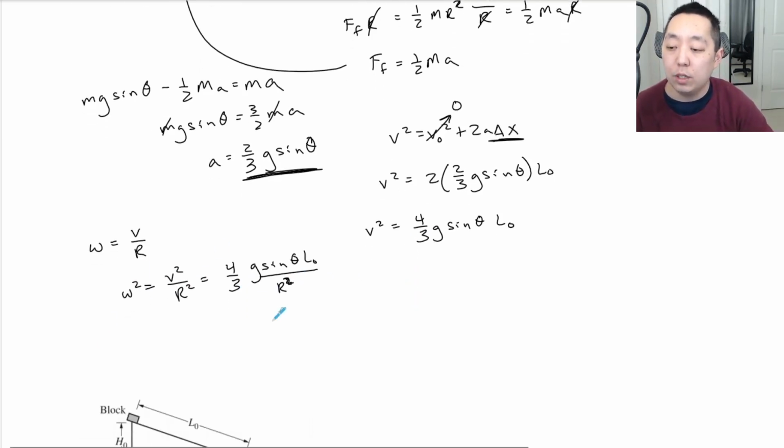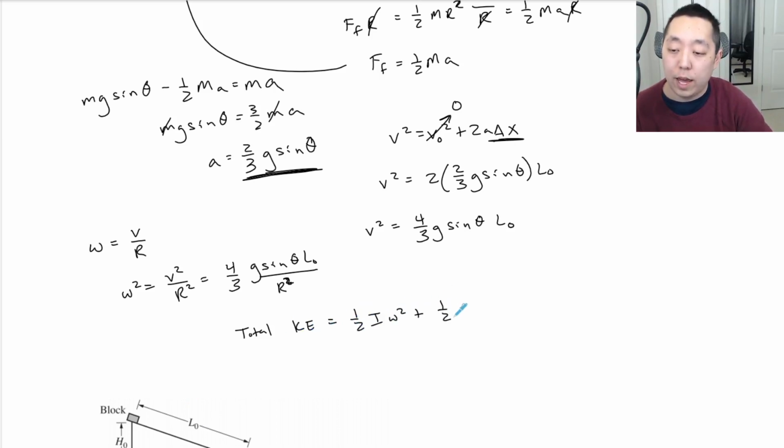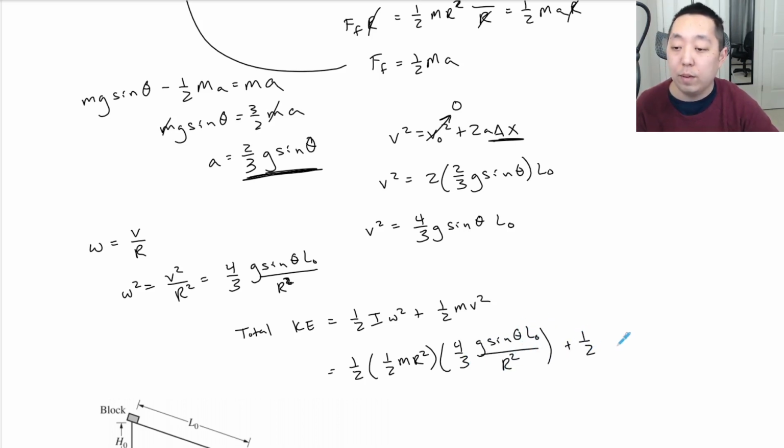And now I can tell you what the total kinetic energy is at the bottom. The total kinetic energy is 1/2 I omega squared plus 1/2 mv squared. That's 1/2 times I, which we said was 1/2 mr squared, times omega squared, which is this quantity, plus 1/2 m times v squared, which is just this here.